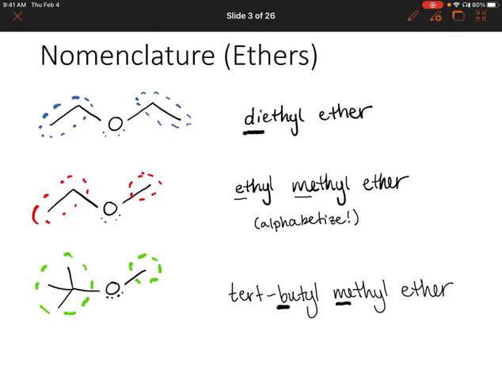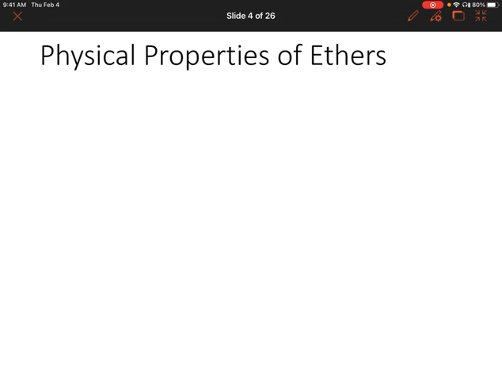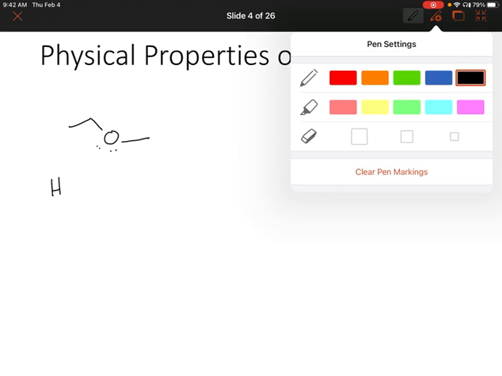Okay, so now let's talk about some physical properties of ethers. So ethers do have an electronegative oxygen. So let's say we have this particular ether here. And let's say that we have a water molecule nearby. Actually, let me redraw that.